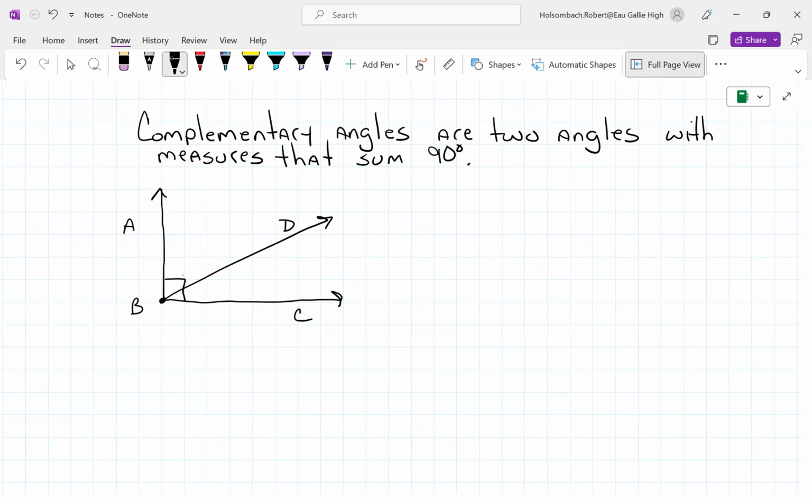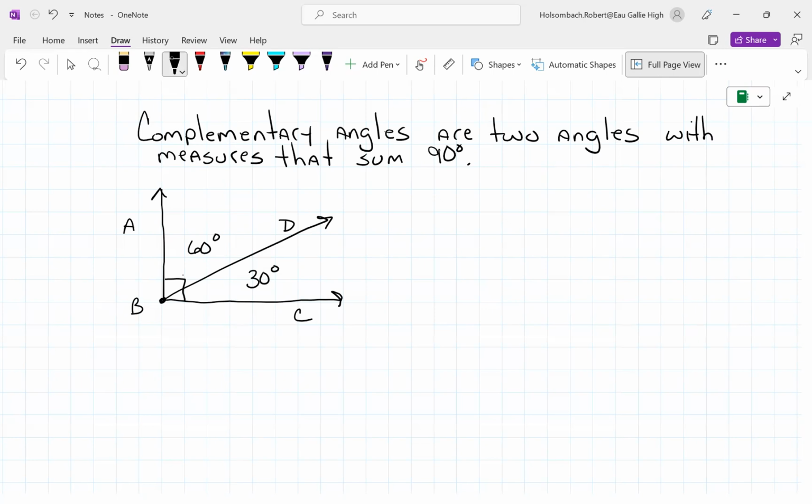Well, we just formed, now we have three angles. We have the original angle ABC, we have angle ABD, and we have angle DBC. In this case, the two angles are adjacent, and they sum 90 degrees. If this angle is 60 degrees, then what's the measure of the other angle? 30 degrees. Now that's a picture of adjacent angles that are complementary.